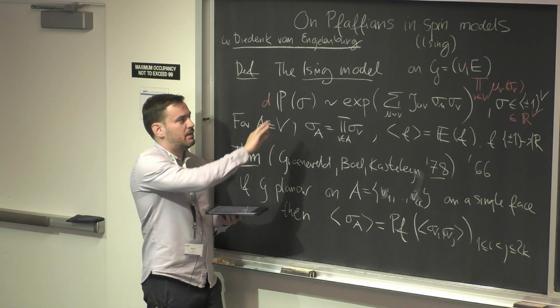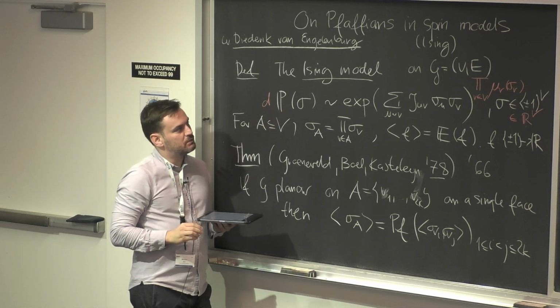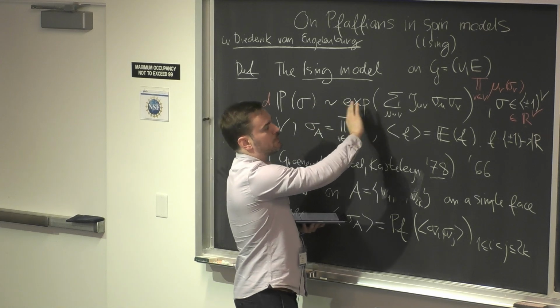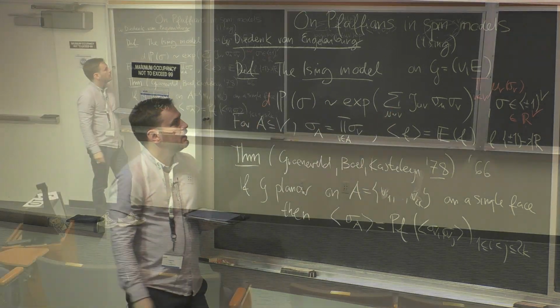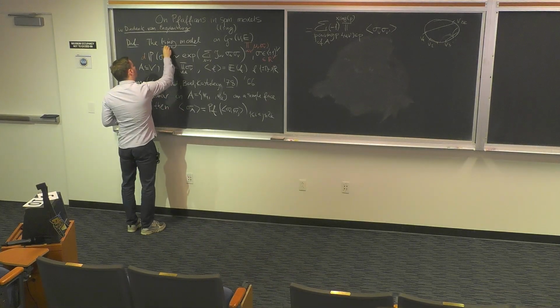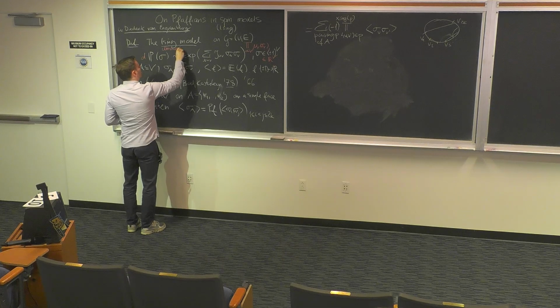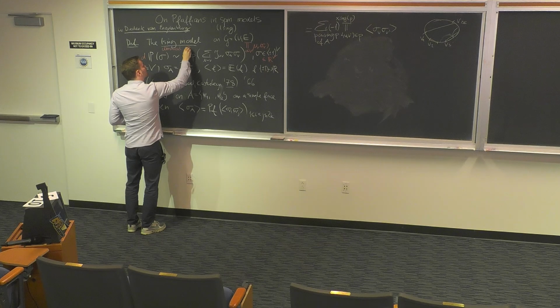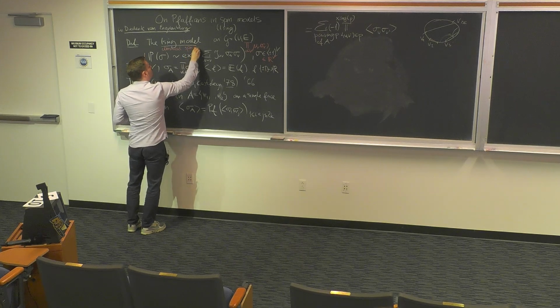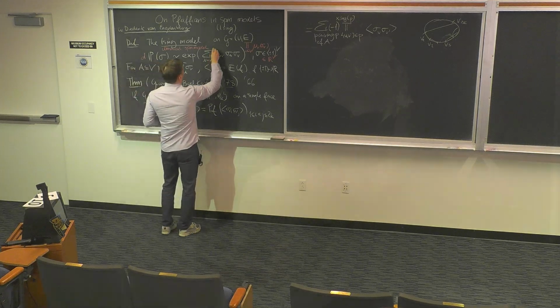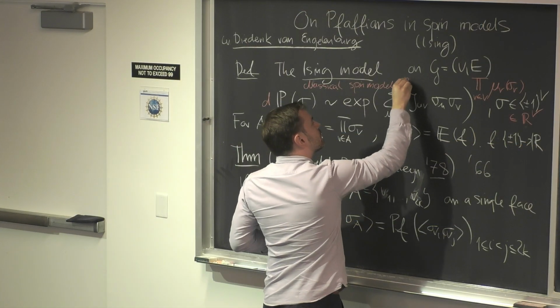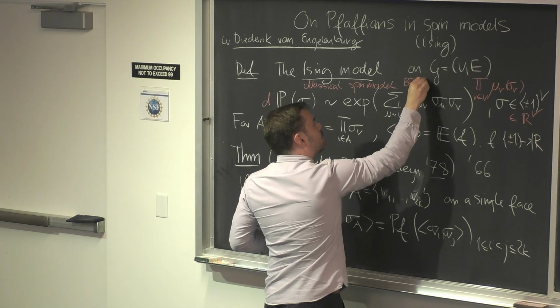And I change it by looking at this Radon-Nikodym derivative where I bias everything by this exponential. I call this the classical spin model. There will be another generalization afterwards. So I took this name from the paper of Bricmont, Fröhlich, and Spencer, which is quite influential from 82.